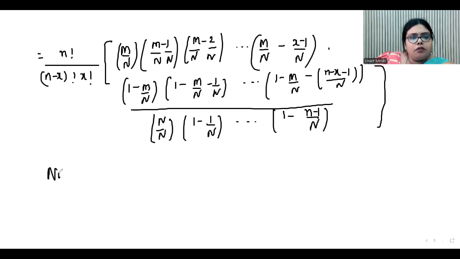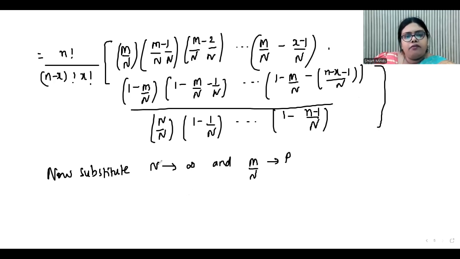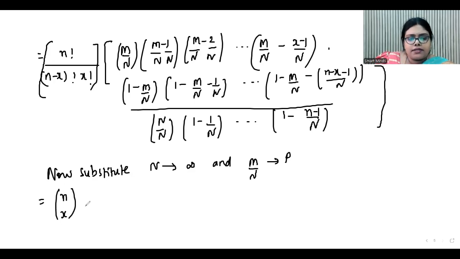Now what we will do? We substitute N tends to infinity, and M by N we tend to p. So wherever you have N, you take infinity, and wherever you have M by N, you take p. So this is nothing but the NCR formula, no? So we can write this as nCx. This is the representation of NCR.